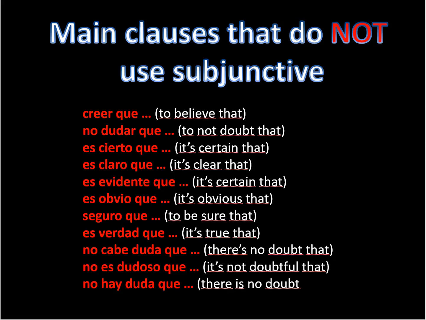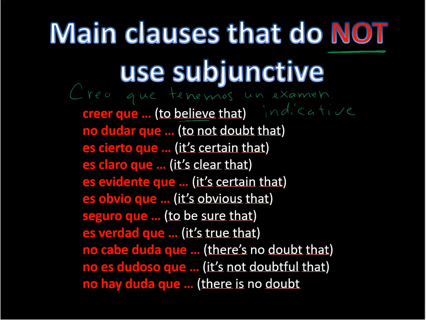Now, main clauses that do not use subjunctive, you don't have to know this yet, but I do want to point it out. Creo que el examen es mañana. Even though we look at it as believe, it sounds like we're not sure, but creo que in Spanish is always indicative. So it would say creo que tenemos un examen.